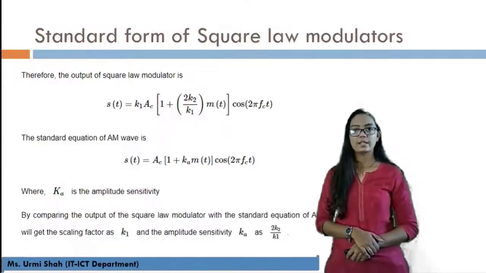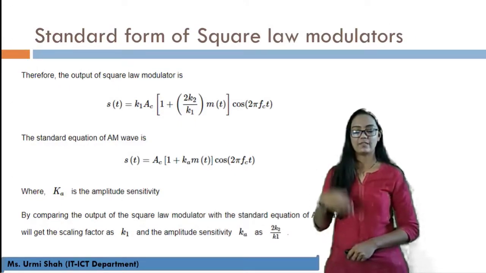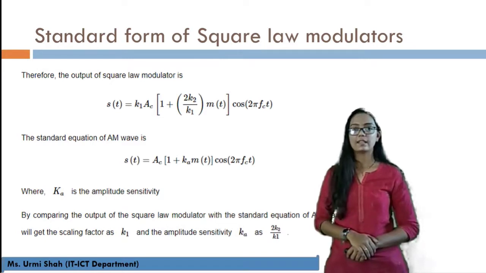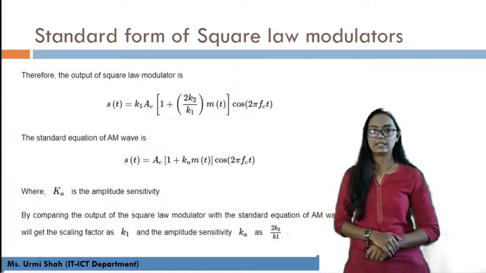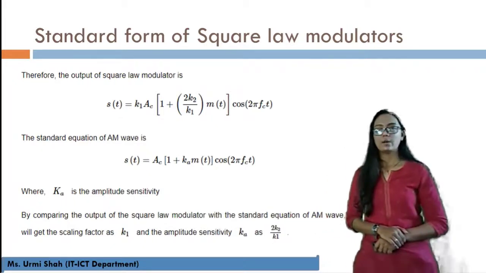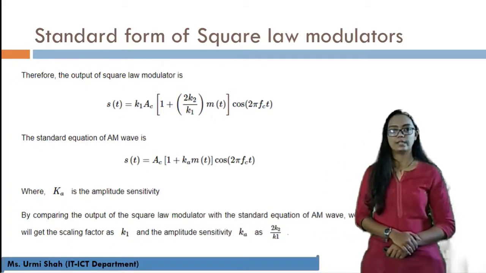Now basically the standard form of square law modulator after deriving everything is like this: K1 AC multiplied by 1 plus 2K2 by K1 multiplied by M of t whole multiplied by cos 2 pi FCT. So this is all about the square law modulators.